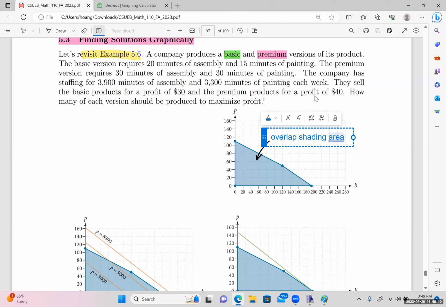Now we name it the feasible region, which is all possible combinations of basics and premium.